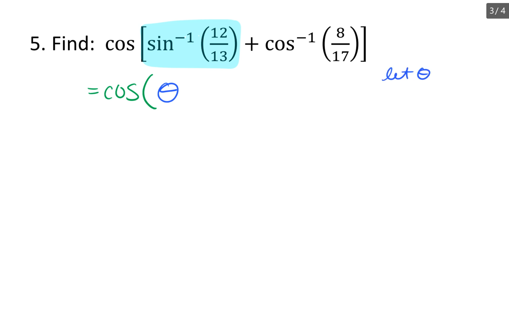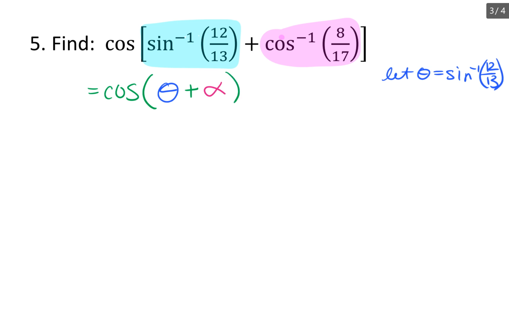We will let theta equal the inverse sine of 12/13. Plus, this other one here represents an angle, so we'll call that alpha.